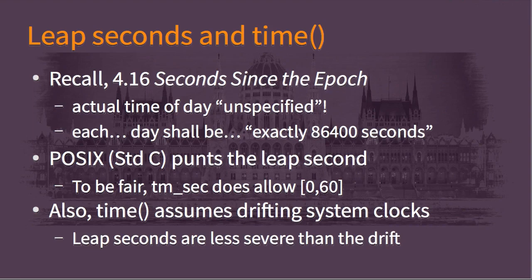They are not attempting to incorporate the concept of a leap second and UTC into their model of time. I will give them credit for saying in their tm structure that the seconds field, tm_sec, can go up to 60. So they're making an effort to include it, but they're not fully including it.